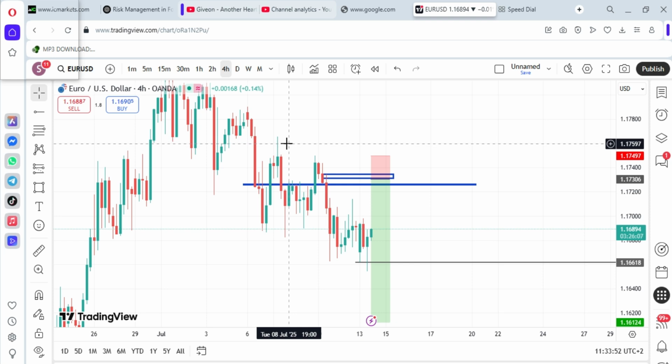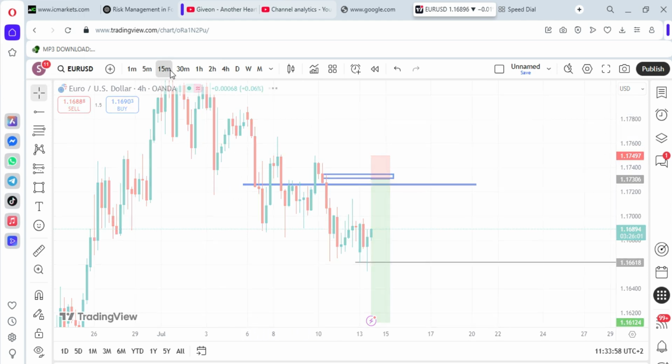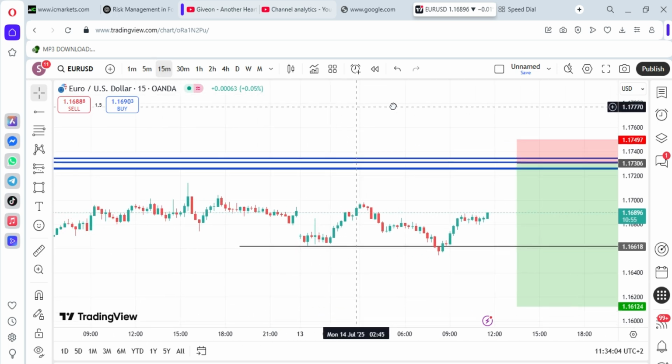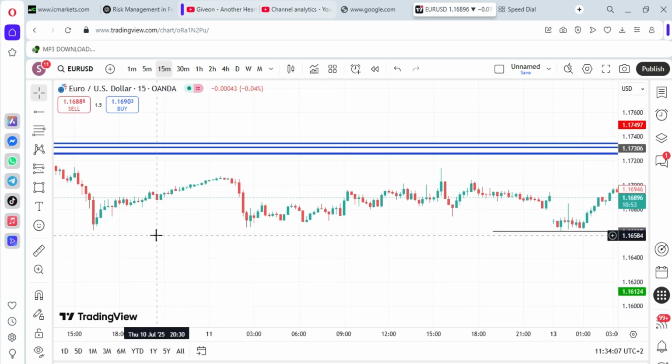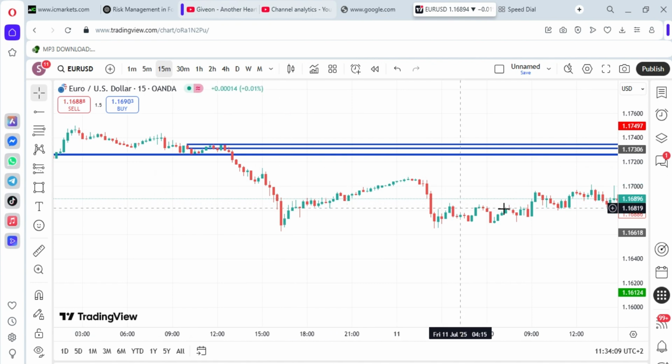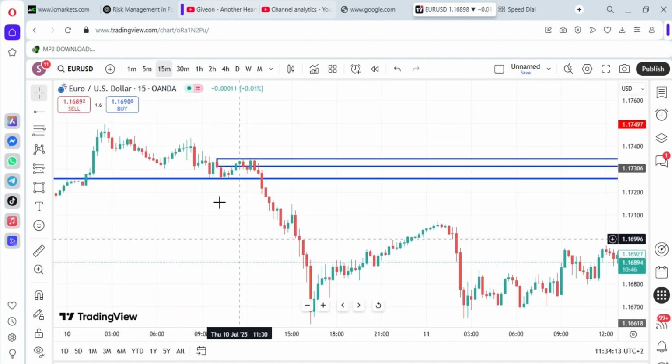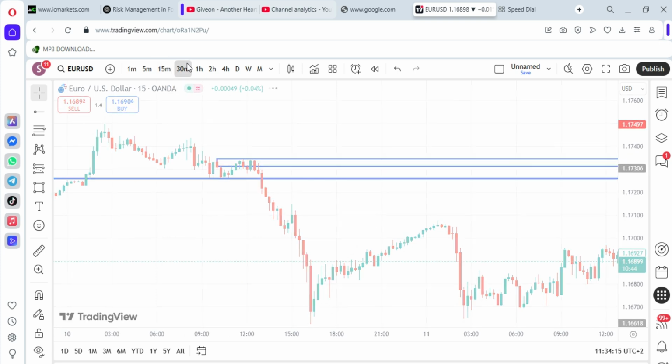Price will usually form a bearish engulf pattern in the higher time frame, as we also see that our entries are in the, is it the 30 minutes or 15 minutes?